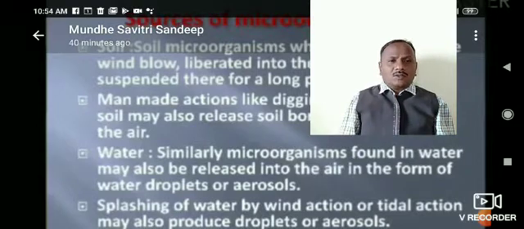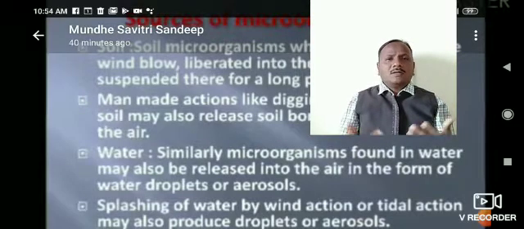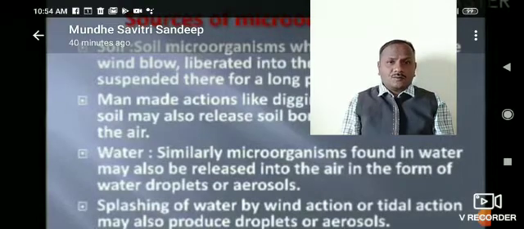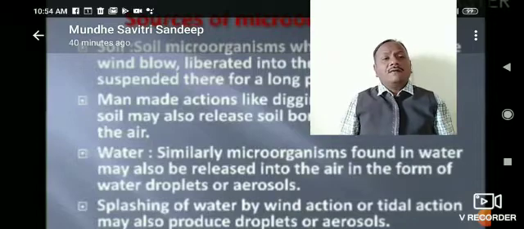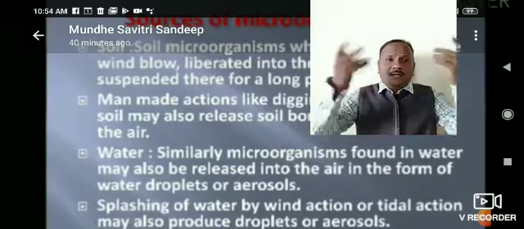Apart from that, water is also one of the sources. Microorganisms may be released into the air in the form of water droplets and aerosols. Splashing of water by wind action or tidal action may also produce droplets and aerosols.